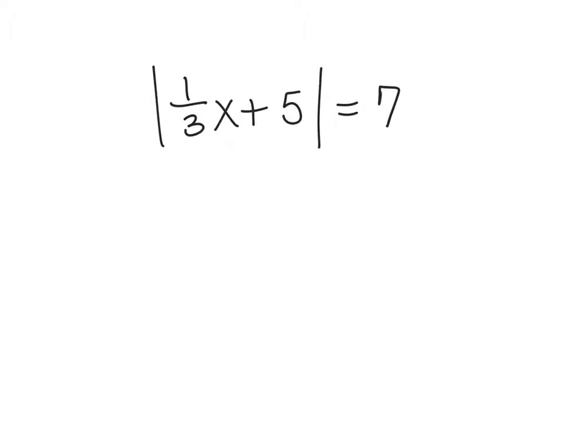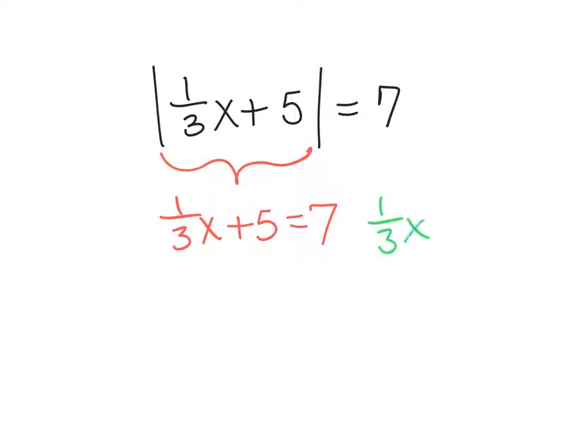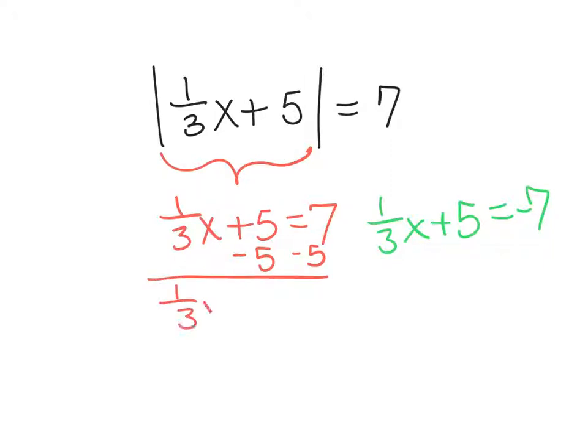One more. This is an equation. So what we want to do is isolate the absolute value and set up 2 equations. Yay, it's already isolated. So this is 1/3 x plus 5 is equal to 7, and then 1/3 x plus 5 is equal to -7. We're going to subtract 5 first. We get 1/3 x is equal to 2.